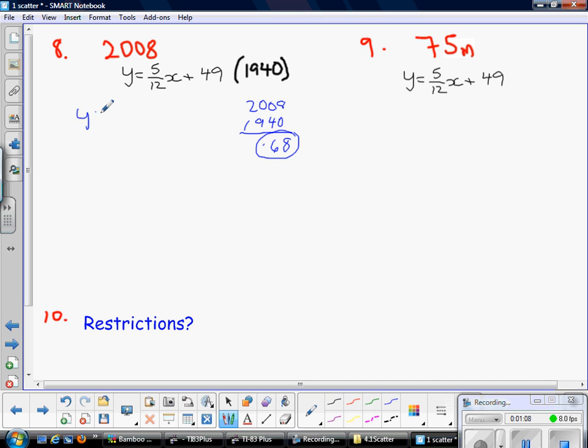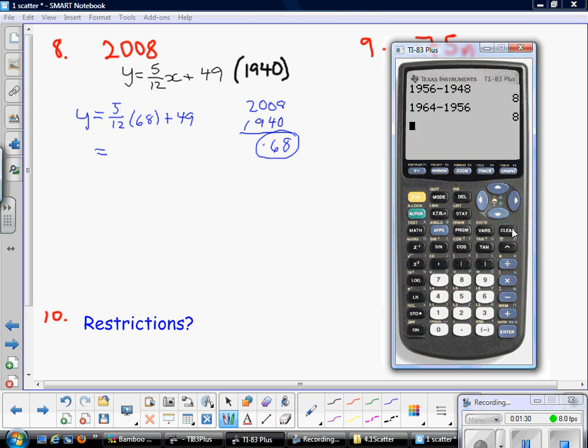So y equals, so the distance thrown is going to be 5/12 times 68 plus 49. Now, although I always tell you to keep in fraction form, when we're doing this kind of word question, we can pull out our calculator to actually do it for us. So out comes the calculator. We're going 5 divided by 12 times our 68 plus 49.